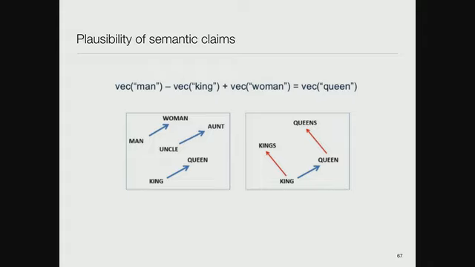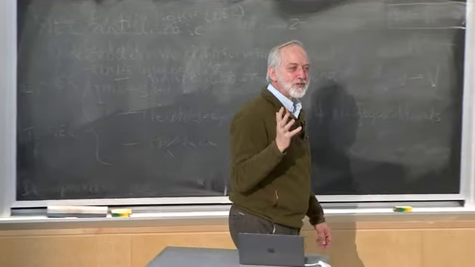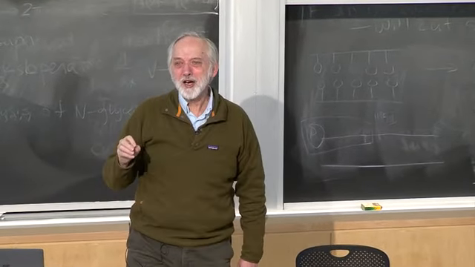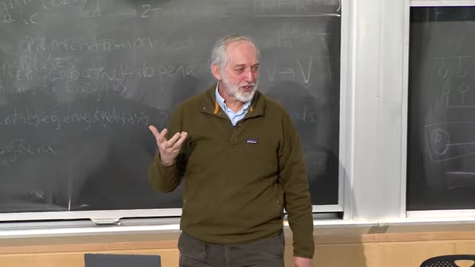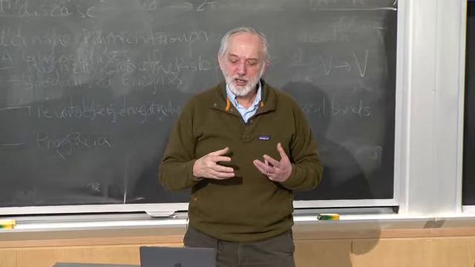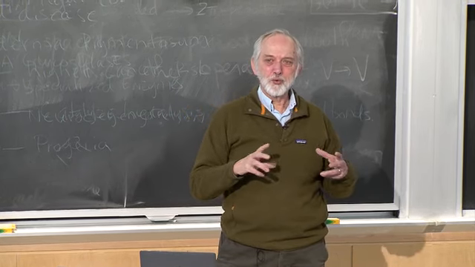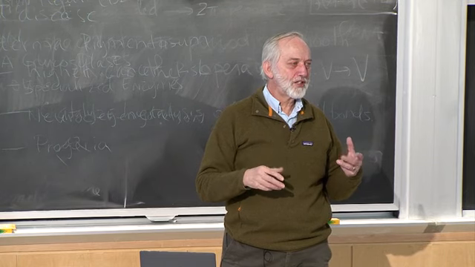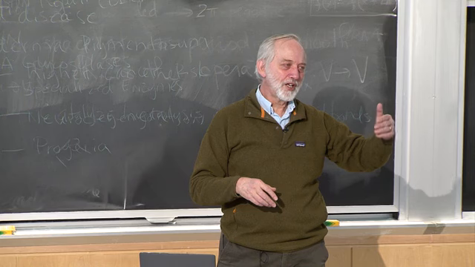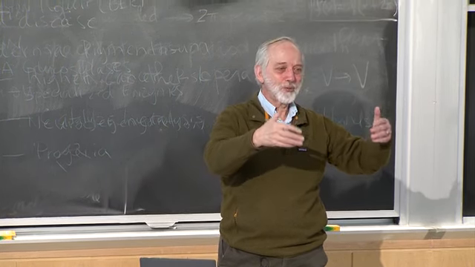And so they showed a number of examples, and then people have studied this. It doesn't hold up perfectly well. I mean, it's not like we've solved the semantics problem, but it is a genuine relationship. The place where it doesn't work well is when some of these things are much more frequent than others. And so one of the examples that's often cited is if you go, London is to England as Paris is to France, and that one works.